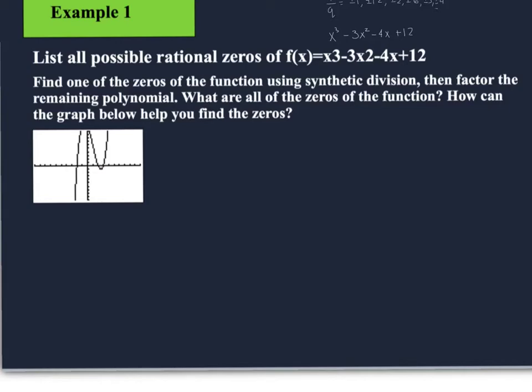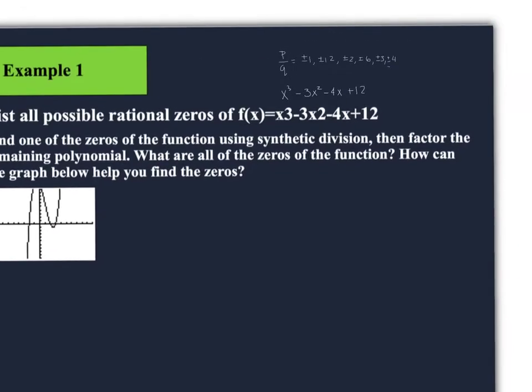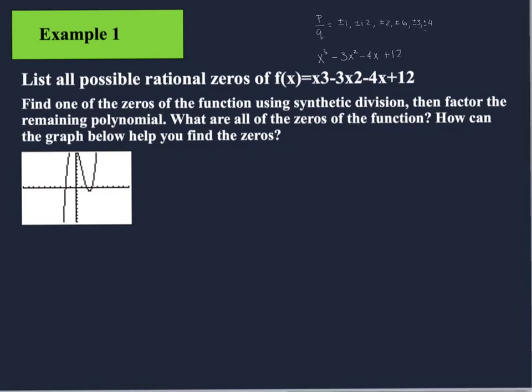So I'm going to use 2 or negative 2, and notice that 2 and negative 2 are on our list of possible rational roots. I'm going to use synthetic division to depress it, and then I could maybe factor it, and it looks like it is going to be factorable. So let's begin with 2.